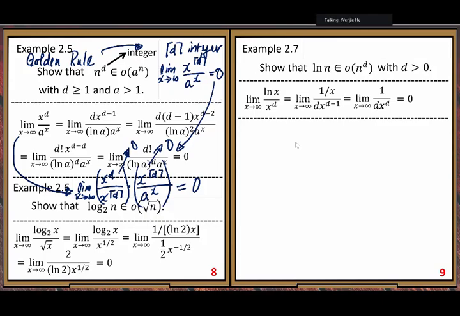First, let's look at this little d case, d any positive number. So we have freedom to choose this d.